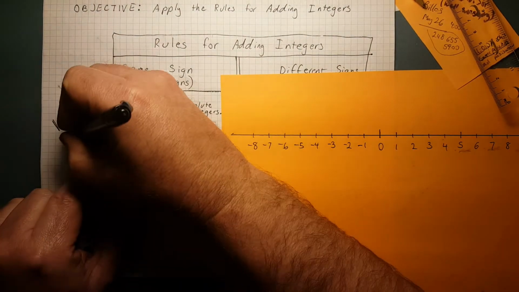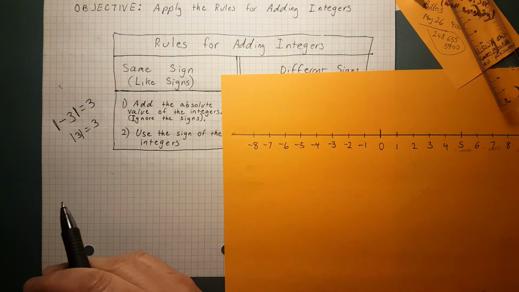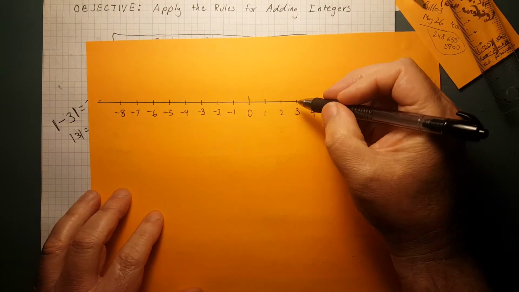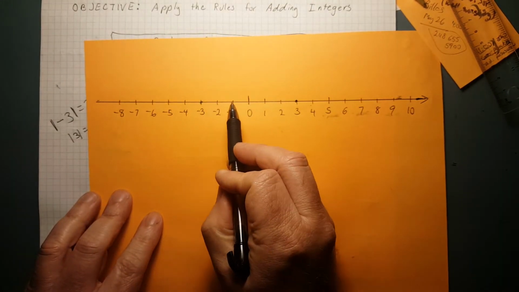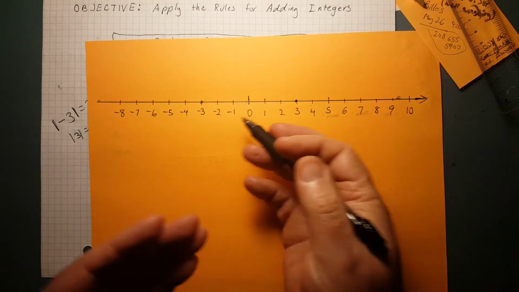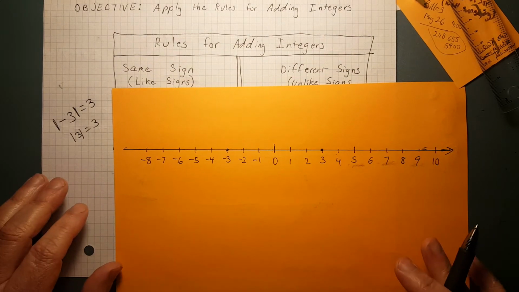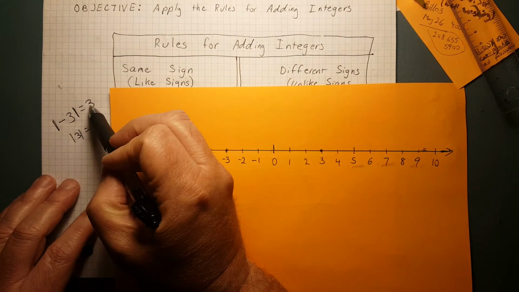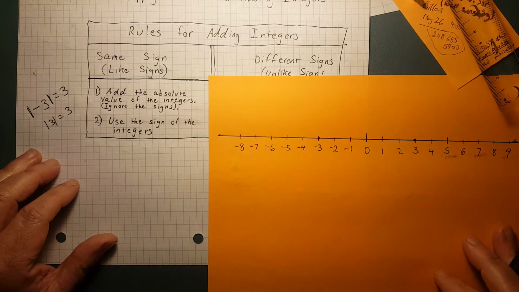The absolute value of 3 is also 3. It's just the distance from 0. So 3 or negative 3, they're both 1, 2, 3 units away from 0. That's their absolute value, so it always comes out as a positive number.